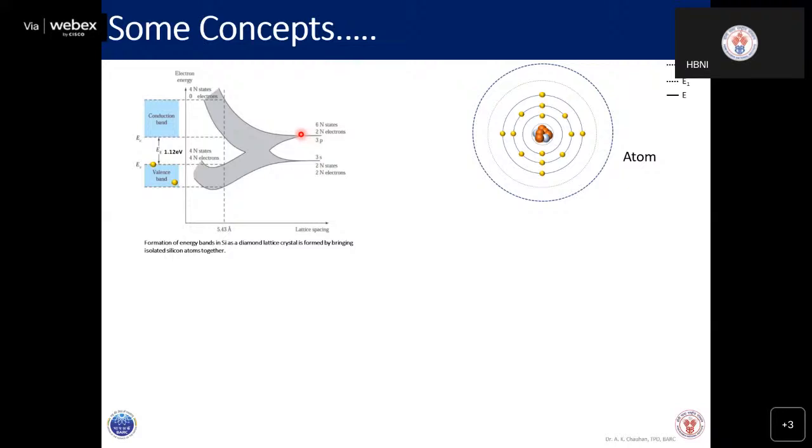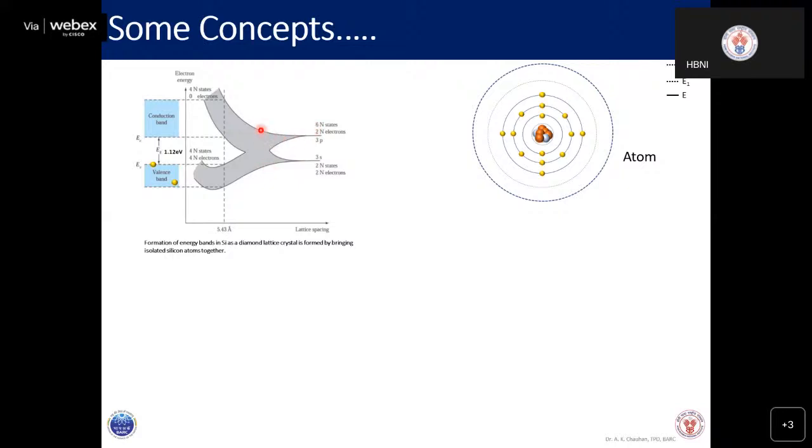But as you start bringing them together, at this point the atoms start getting influenced by the other atoms' wave functions, and this level starts splitting. It keeps on splitting, but up to this point you will see the levels are still different: the 3s and 3p levels are still different.